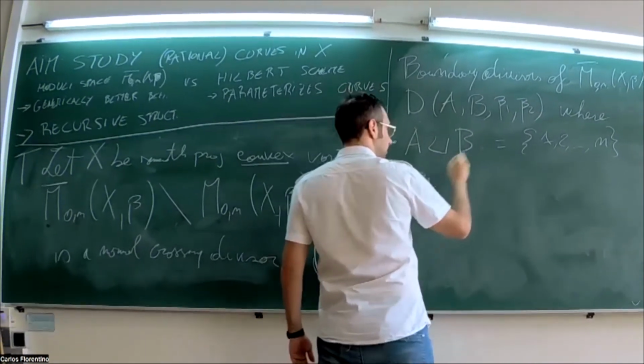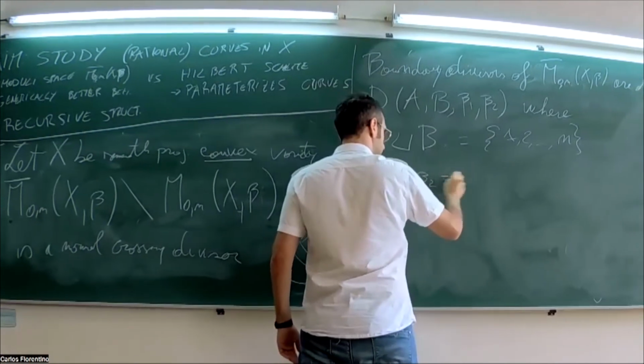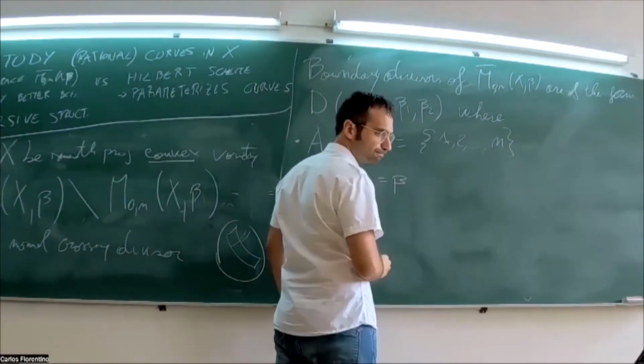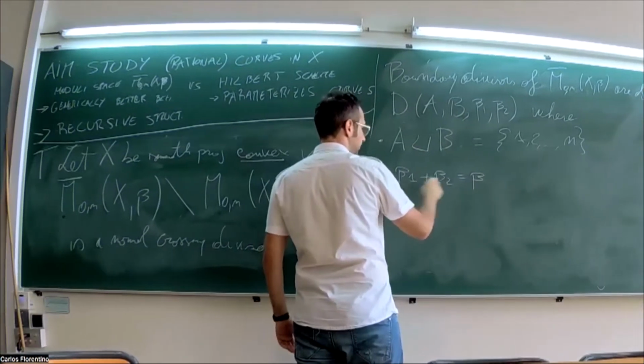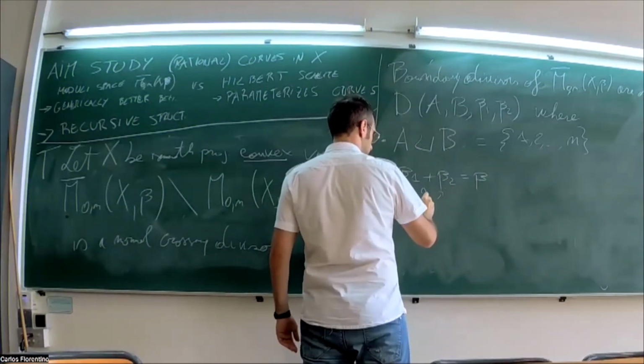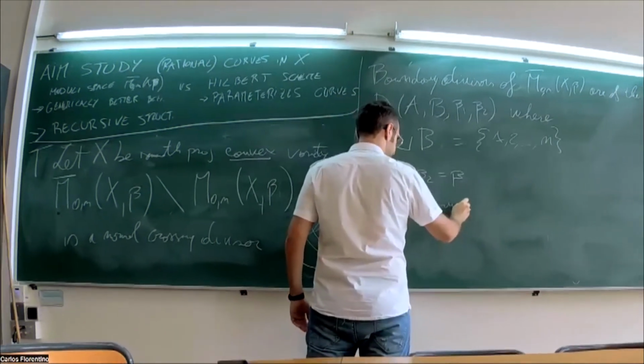Beta 1 and beta 2 are homological classes, and their sum is beta. Okay, so these are classes of curves.